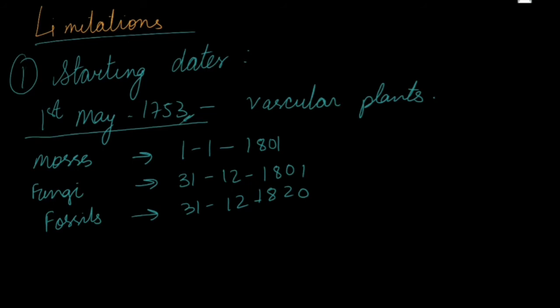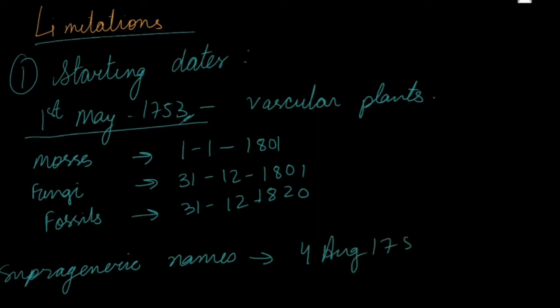So these organisms have their own date. And also for suprageneric names, that means taxa that is above the rank of genera, the starting date is 4th of August 1789. Why? Because it is the date of publication of De Jussieu's Genera Plantarum.